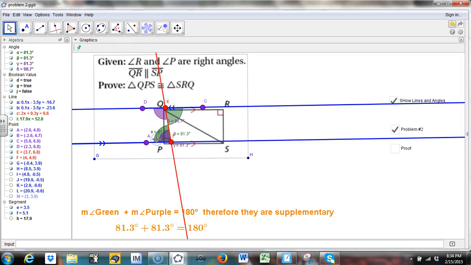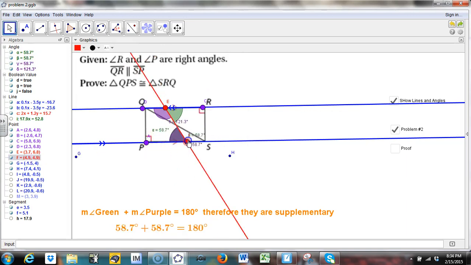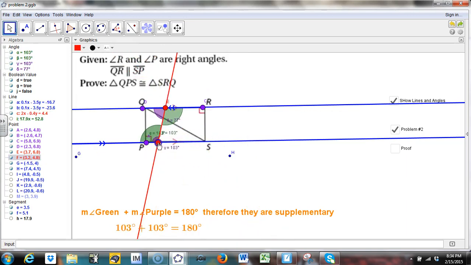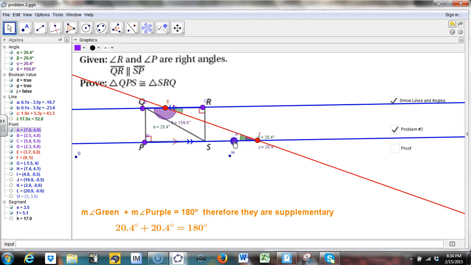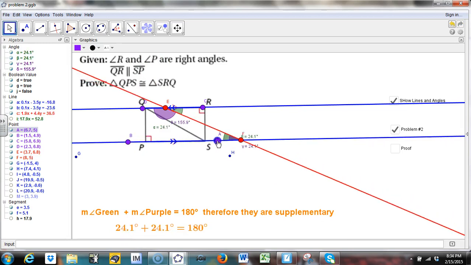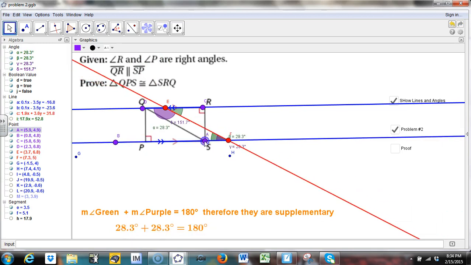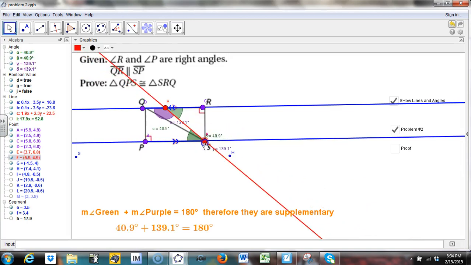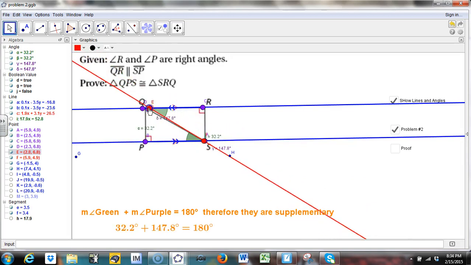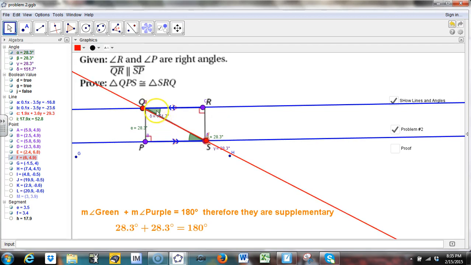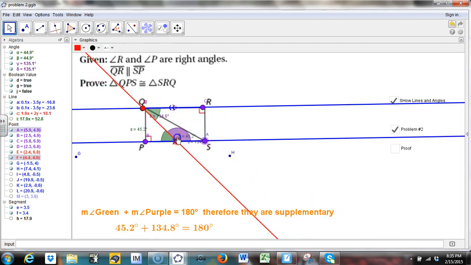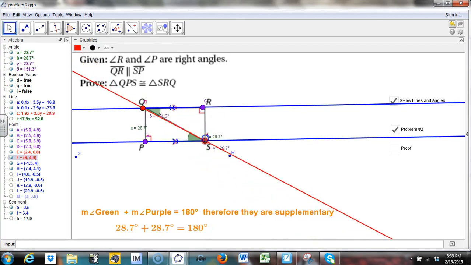Something's kind of weird here with the angles. There we go. Sorry about that, but if I move my points here on the vertices, you can see that those alternate interior angles on these parallel lines are going to be congruent to each other.